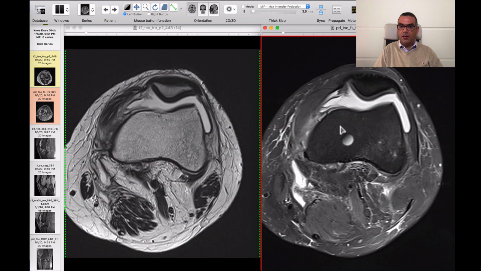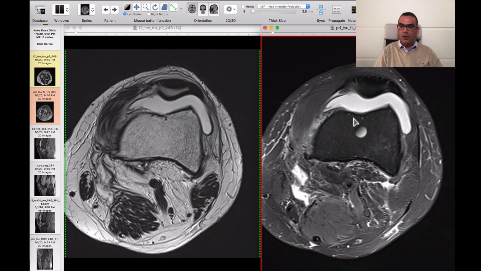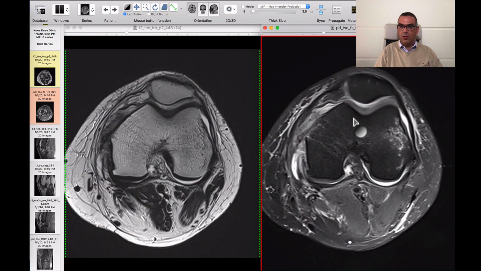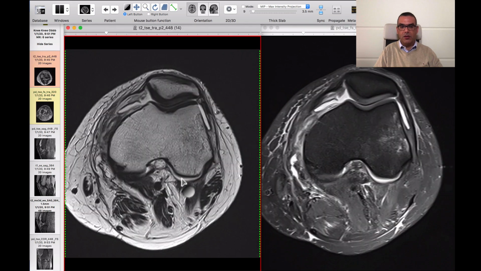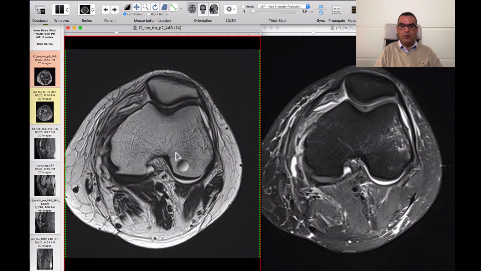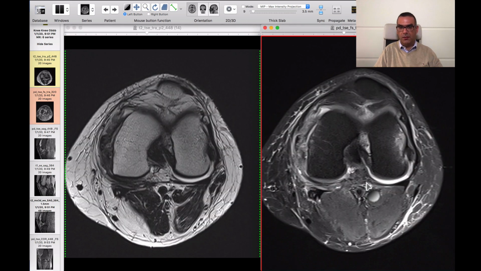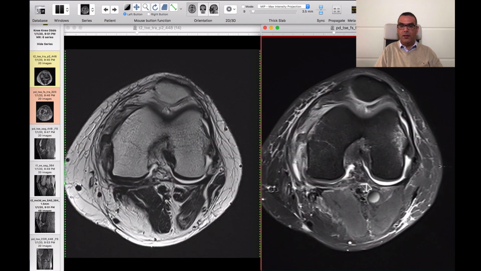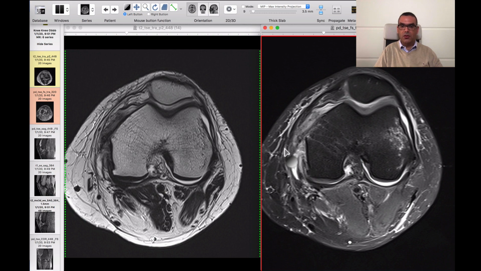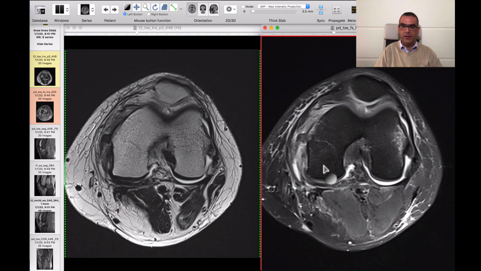First, the retropatellar cartilage and the patella are good. There are no cartilage pathologies at the retropatellar cartilage. The ACL attachment is intact. You don't see any ACL injuries here. But what you see is there is diffuse edema and swelling surrounding the knee joint, and this is more obvious at the medial side.